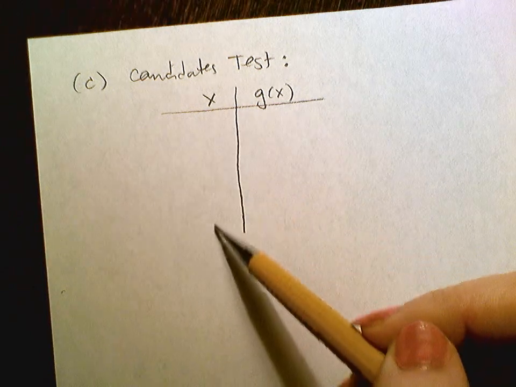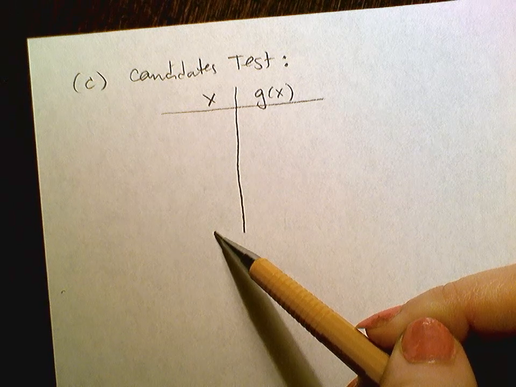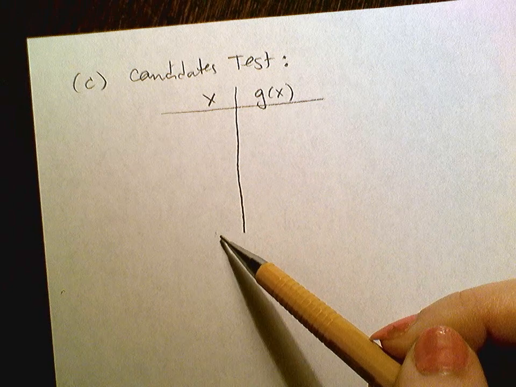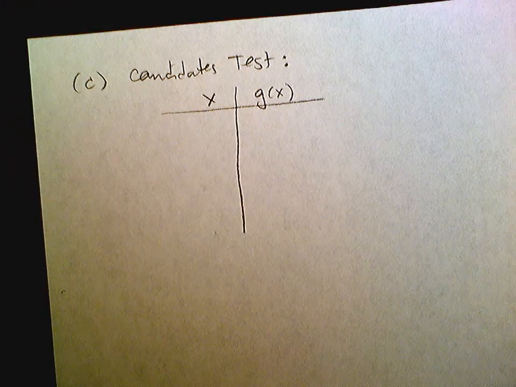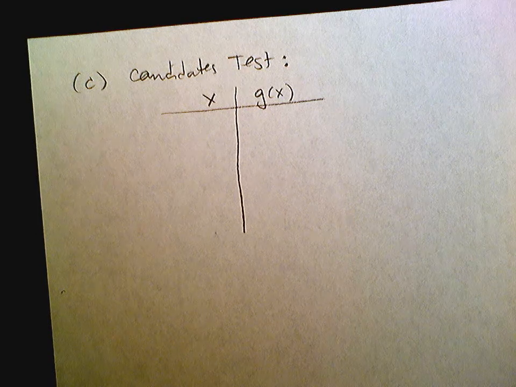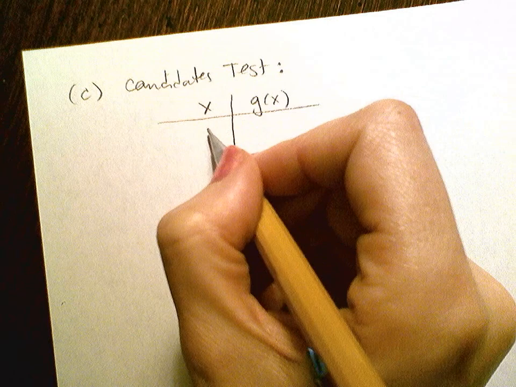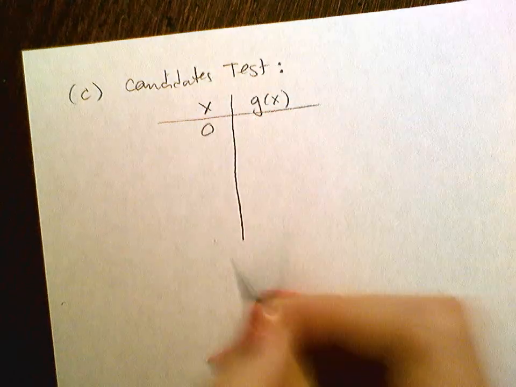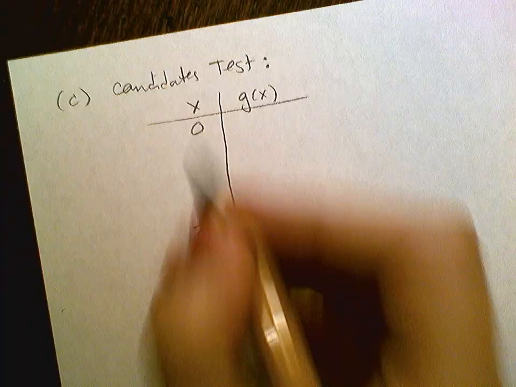These will be the candidates for absolute extrema. And then these will be the outputs at those various candidates. And whichever output is the lowest, that is the absolute min. All right, so you put the endpoints. So the endpoints of our interval are 0 and 2 pi.